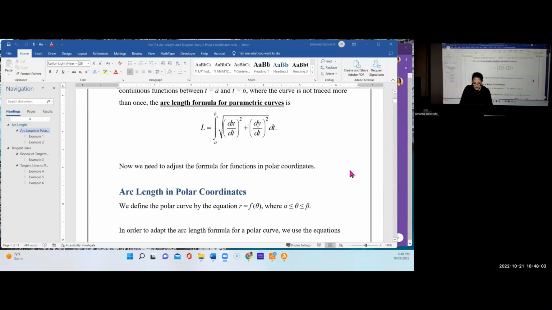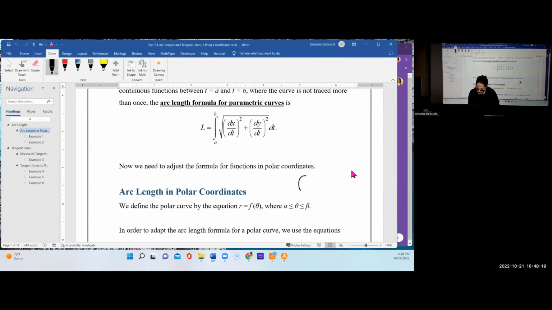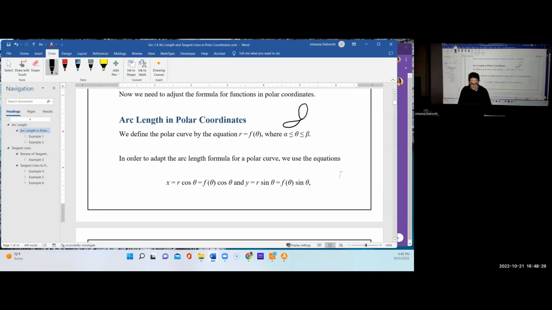So now we're going to adjust the formula to be used with the polar coordinate system, and we're going to see that it comes out to be very similar. In order to do that, we're again looking for the arc length. So by arc length, what we're talking about is if I have some curve that goes around like this, I may want to know how long is that curve. What's the length of the curve if that's something in the polar coordinate system?